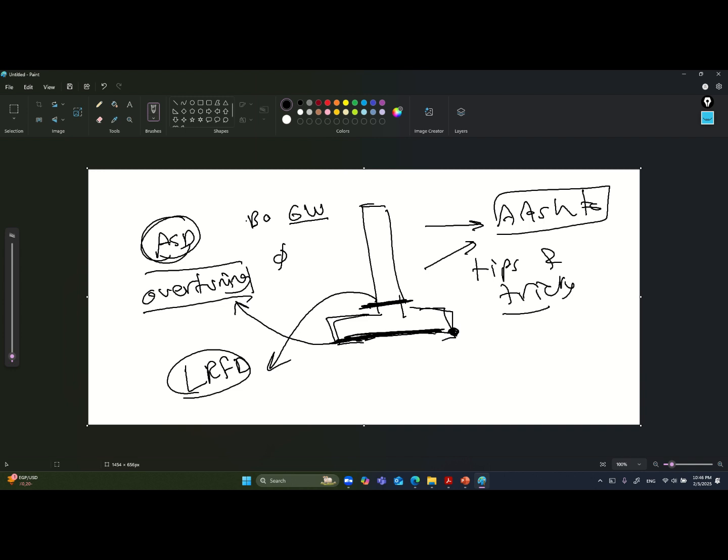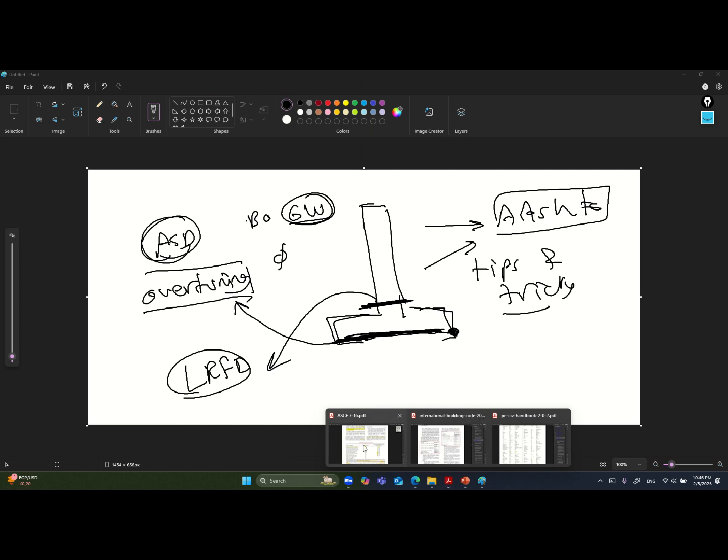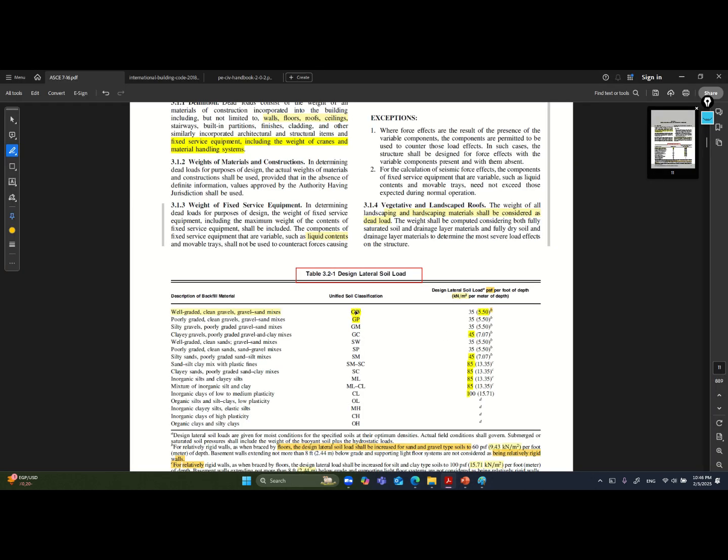And if he tells you that he wants you to design it and mentions that the type of soil is GW, ASCE gives you preliminary values. For GW, if it is metric units, you use the value between the brackets, and if it is imperial, you use the value not in the brackets, like 35. 35 is in pcf, and 5.5 is in kilonewton per meter square per meter depth.